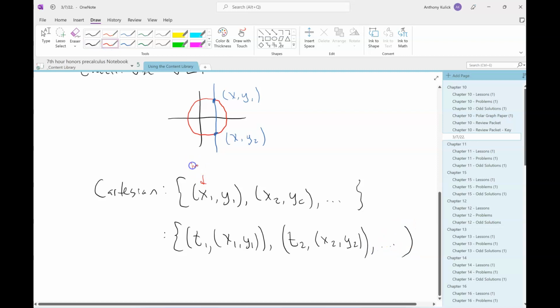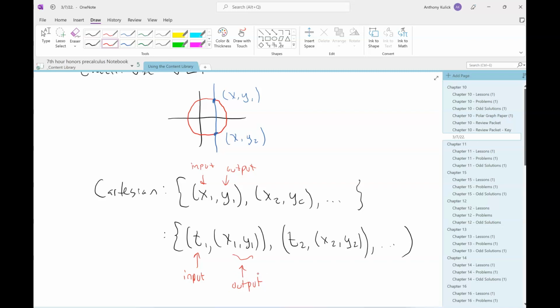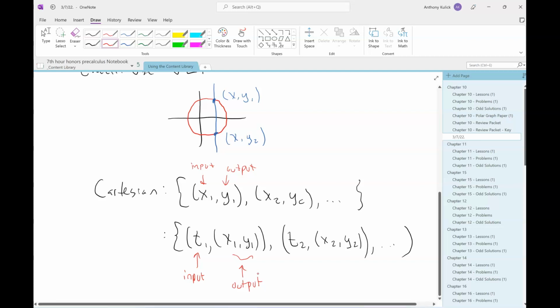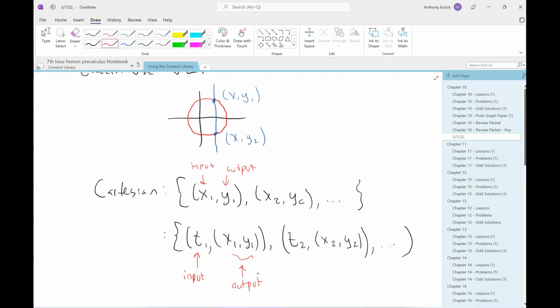So instead of an x and a y as input and output, here the input is some parameter, and the output is an ordered pair. And if we're able to create such a function, the inputs have exactly one output, where the outputs are ordered pairs, and those ordered pairs need not pass a vertical line test, because my inputs aren't x's anymore. My inputs are this parameter t.